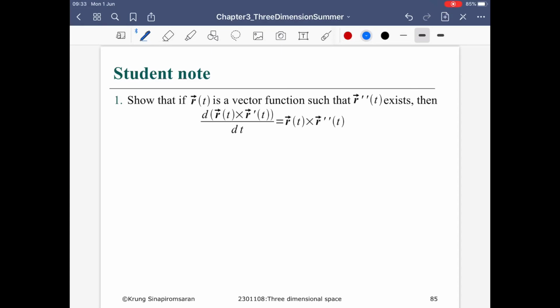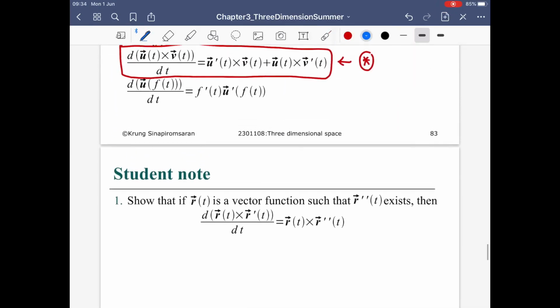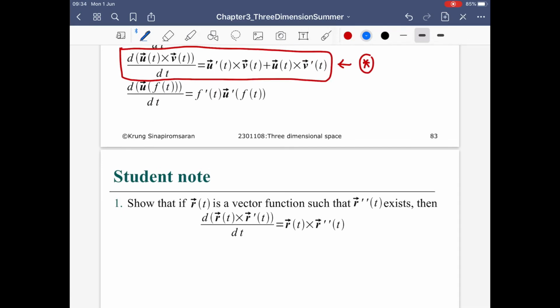For example, in this one you need to show that the derivative of these two vectors crossing each other, r and r prime, the result only survives one term. So let us look at the property that we emphasized. This one is the one that you cannot switch the order, right?